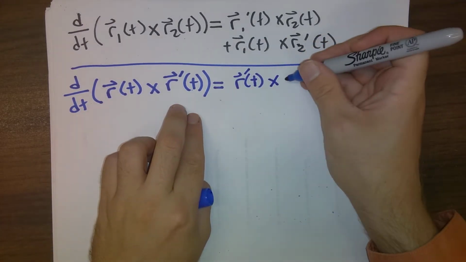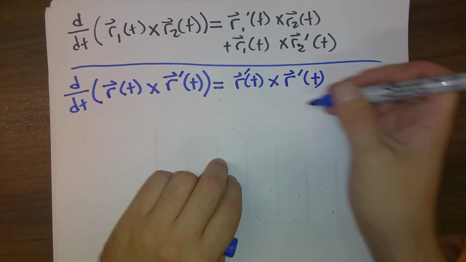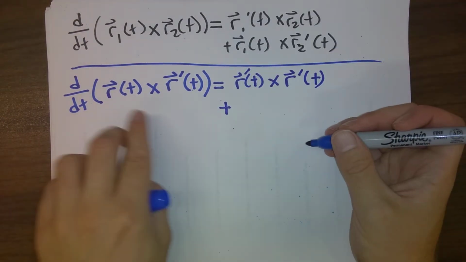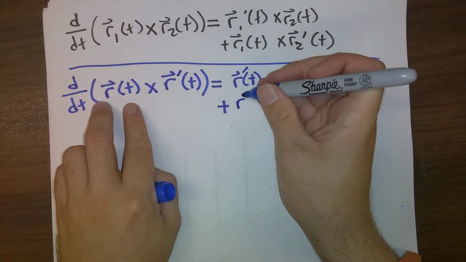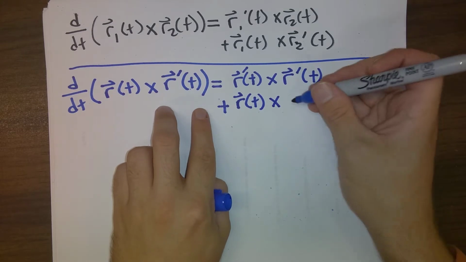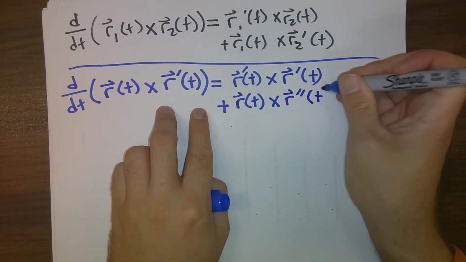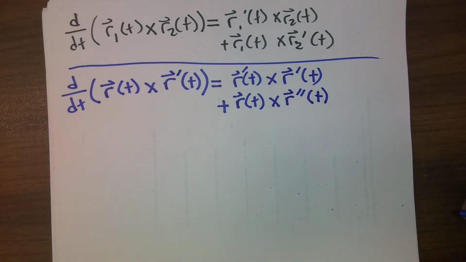We cross it with the second function, that's left untouched, the second function is r prime of t, and then we add the first function, we leave that untouched, r of t, and we take the derivative of the second function, so the second function r prime of t, so that derivative is the second derivative, r double prime of t.